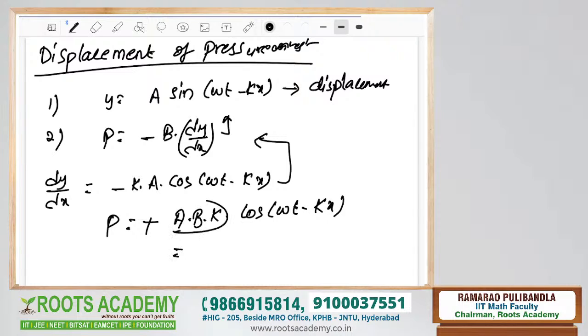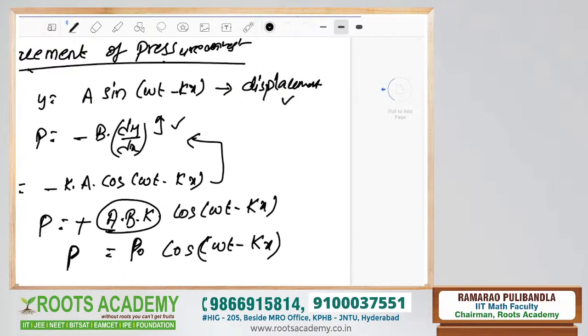Considering this as P naught, a constant, we get the pressure equation P equals P naught into cos of omega t minus kx. So a sound wave could be described either in terms of the displacement or the pressure.